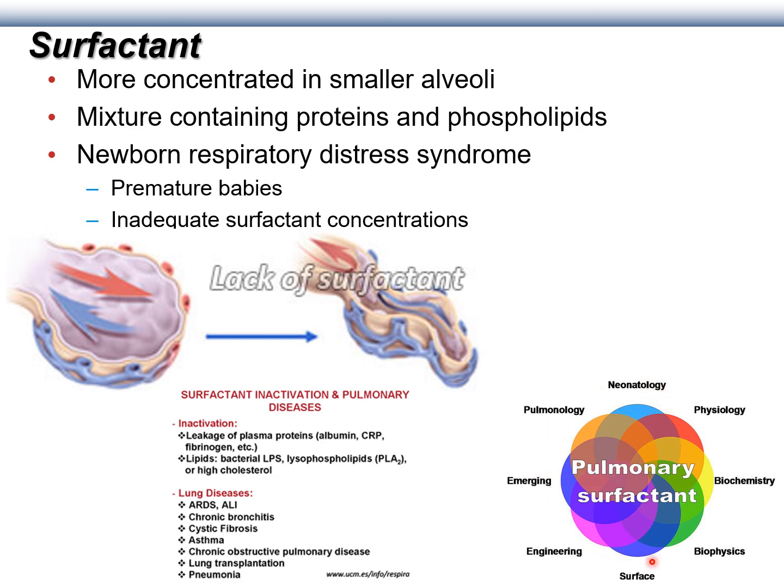The argument for understanding surfactant was that it was developed by an interdisciplinary team. Pulmonologists who had specialty in ventilation and respiration, neonatologists, physiologists, biochemists, biophysicists, engineers, all worked together. It was one of the great interdisciplinary achievements.